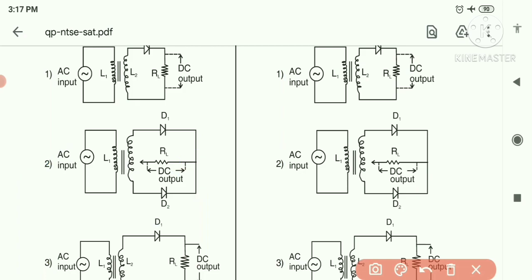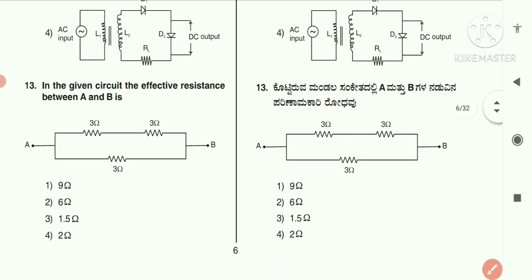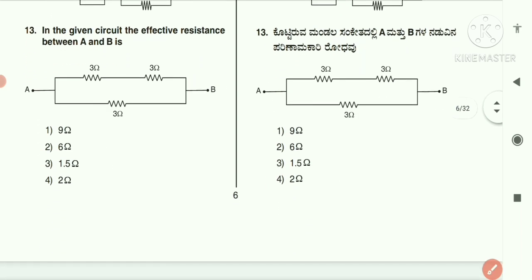Okay, now let's go to the next question, the third last one. In the given circuit, the effective resistance between A and B is, option 1, 9 ohm, option 2, 6 ohm, option 3, 1.5 ohm, option 4, 2 ohm.